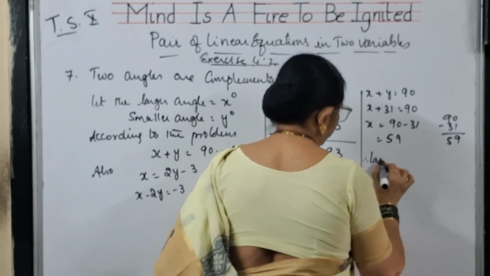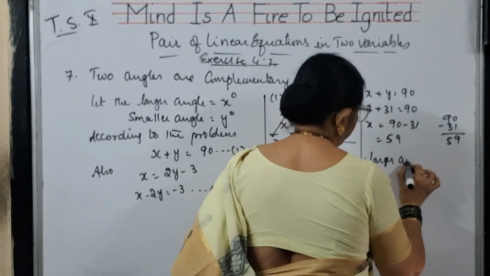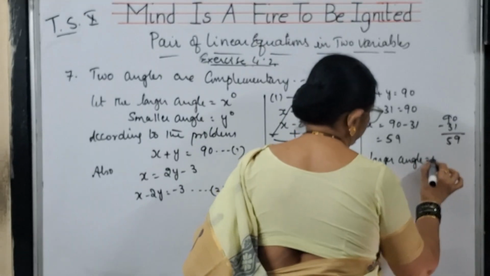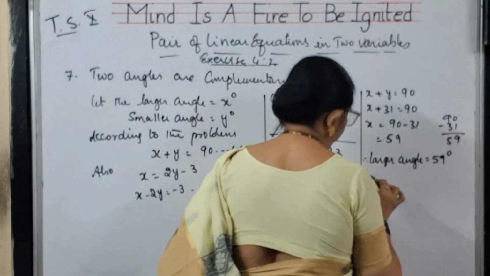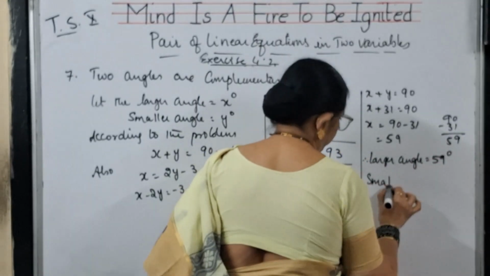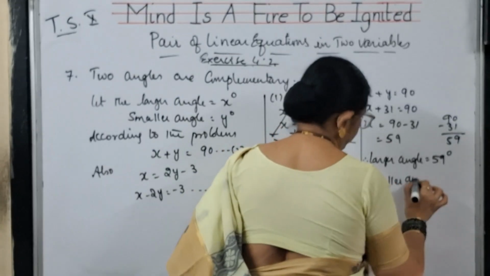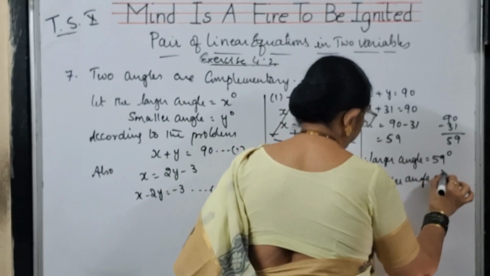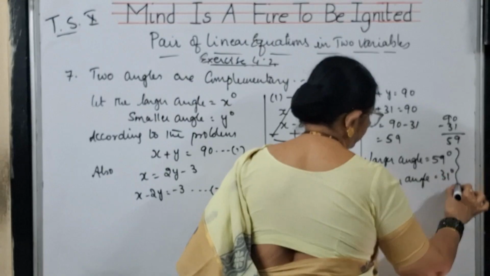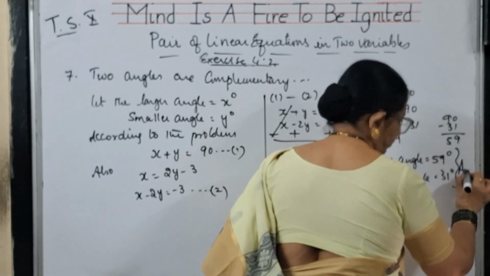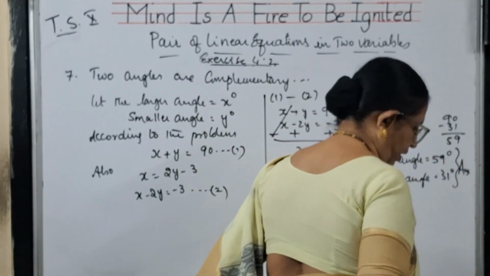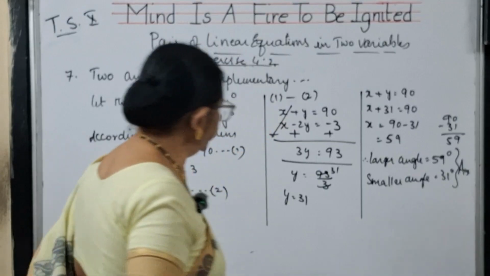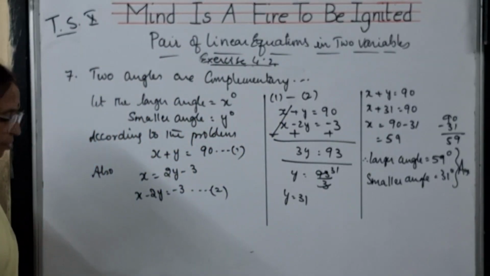Therefore, larger angle is equal to 59 degrees and smaller angle is equal to 31 degrees. These two are the answers for this problem, children. Seventh one. Please note it down.